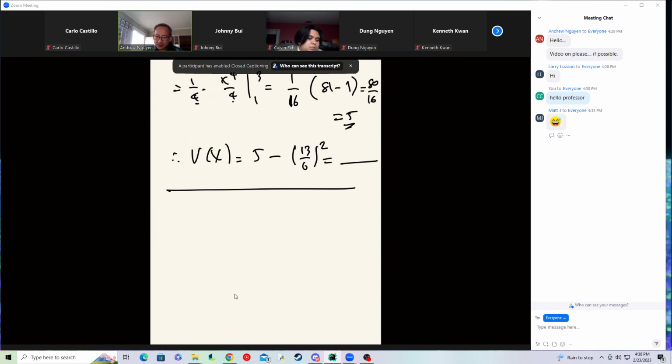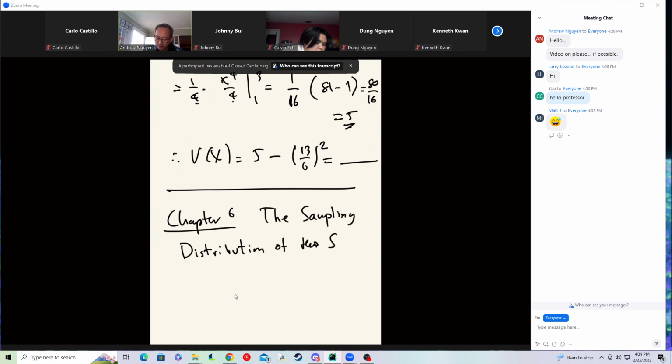We're going to be looking at chapter 6 today. In particular, I'm looking at the sampling distribution of the sample mean. The title is lengthy and it might not make much sense, but after one or two examples, you'll know what I'm talking about.